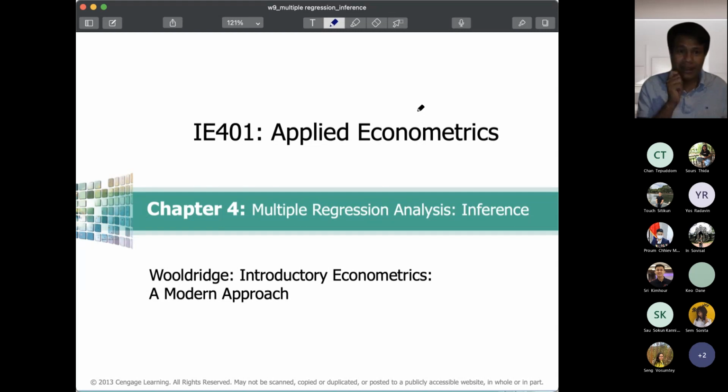By the way, let me remind you, so far we're still discussing multiple regression analysis. Both dependent and independent variables are numerical or quantitative information, not qualitative. And our data is cross-sectional. All right, we're still on cross-sectional data.